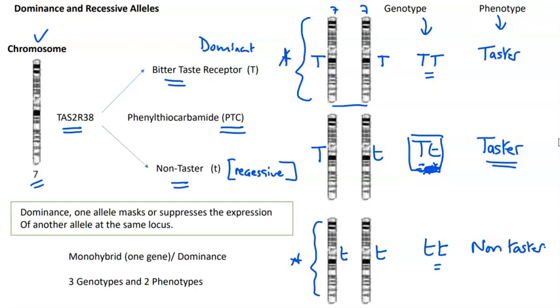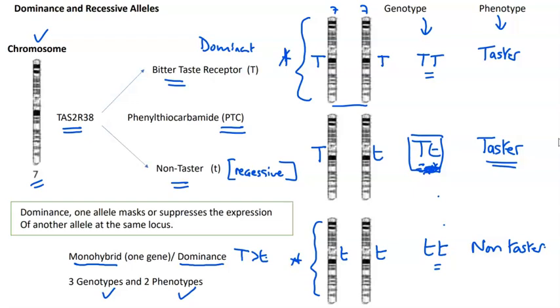If we look at the summary of what we had here, we had one gene, the gene for tasting. So that's what we call a monohybrid condition. We had an example of dominance where big T dominates little t. We had 3 genotypes, but we only had 2 phenotypes.